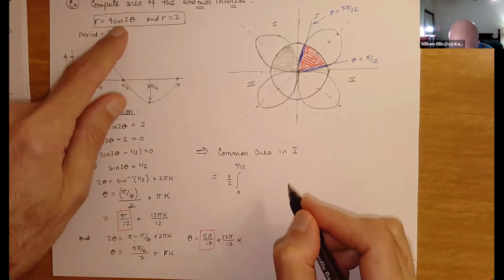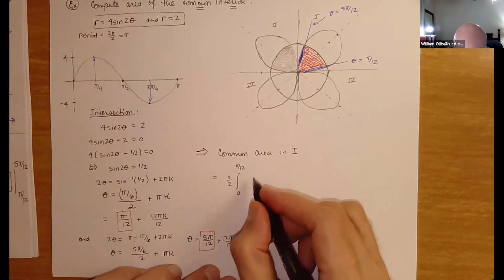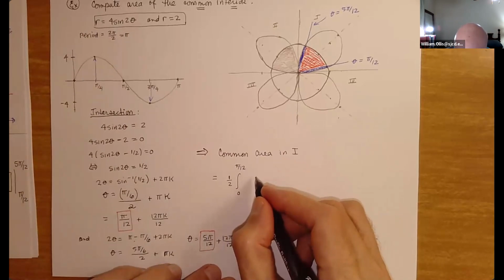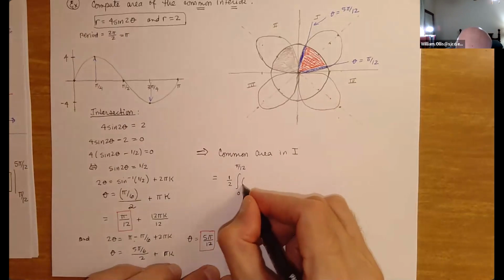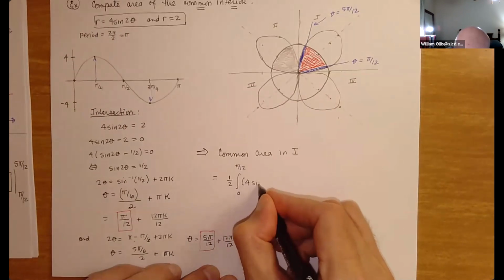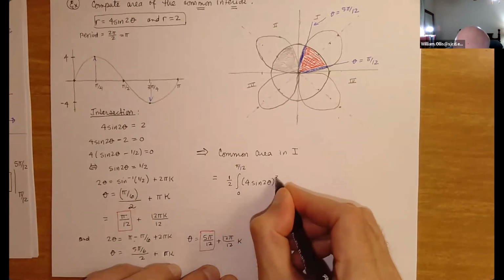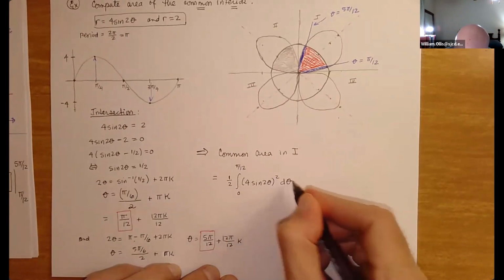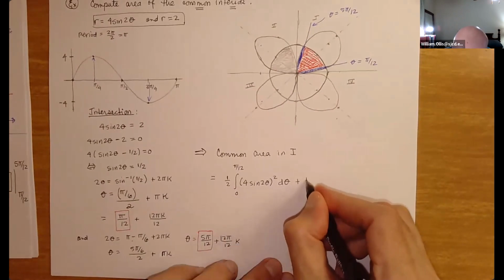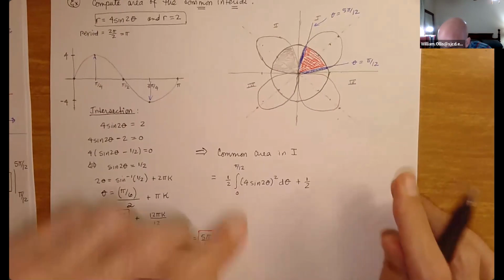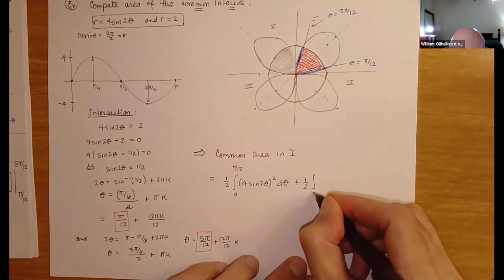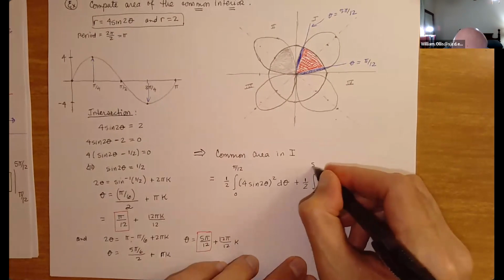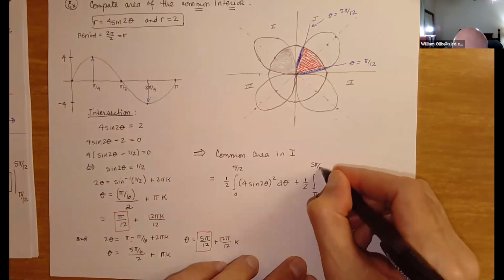And now we've got our curve here, because we're just cutting it off there. So we've got 4 sine 2 theta, squared, d theta, plus then we have 1/2 integral, and now we're going from pi over 12 to 5 pi over 12.